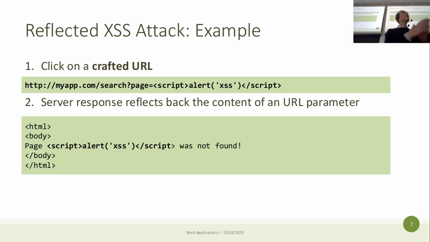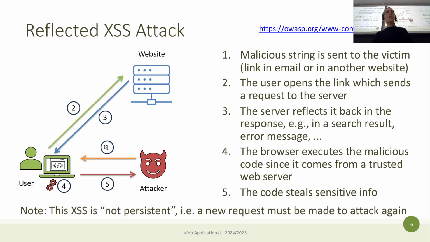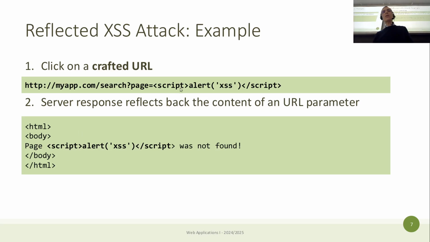But I mean, the principle is that we are in this situation in which an attacker has created this malicious URL, and the user clicked on the URL, and so opened the browser and sent a request to the server, and the server reflected the information back to the browser, which executed the content. I mean, this example was done with JavaScript code because it's really easy to understand in this way.